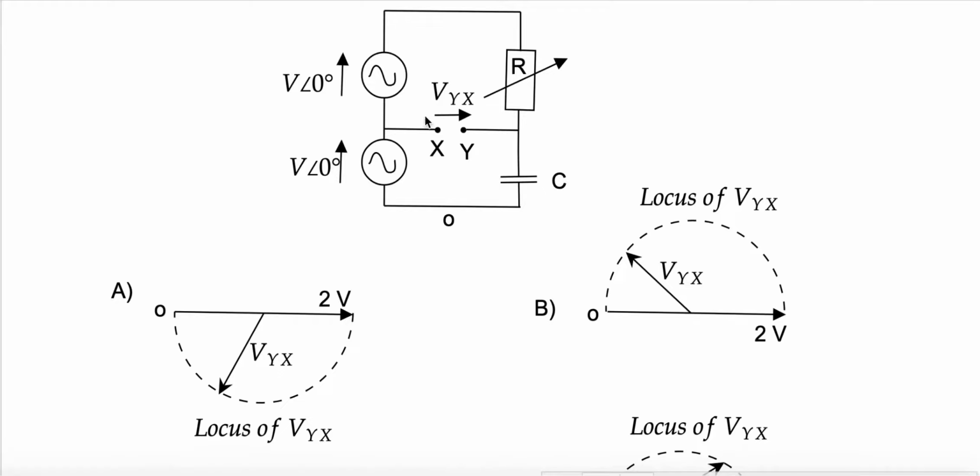Vxo is always fixed, you can see from the figure. Vxo is V at an angle 0. But what about Vyo?